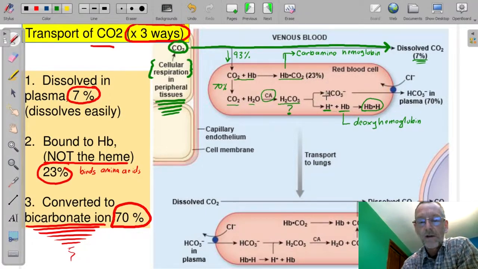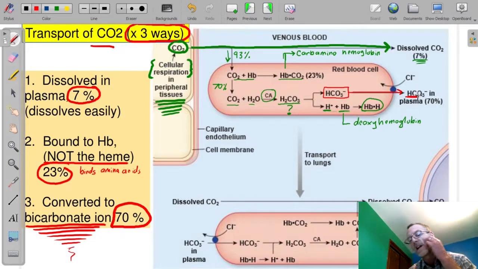The bicarbonate now, check this out. The bicarbonate ion that was produced leaves the red blood cell. It goes out into the plasma, again, as bicarbonate. But as that negatively charged ion leaves the red blood cell, another negatively charged ion, chloride, enters.